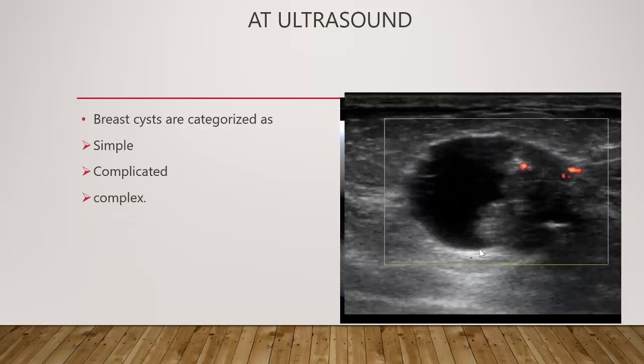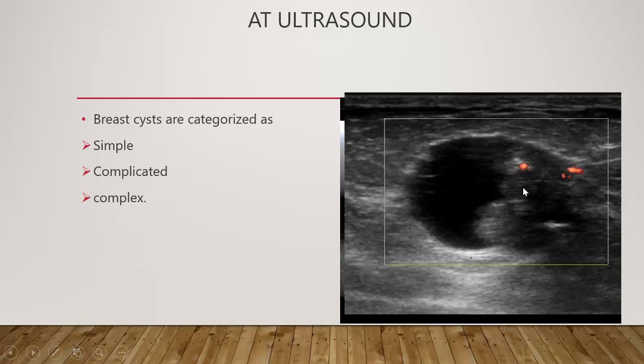Then the complex cyst, which contains solid and cystic components or thick septi, and we will analyze it more in the coming slides. This is a cystic lesion, but here there is a solid component with vascularity inside.